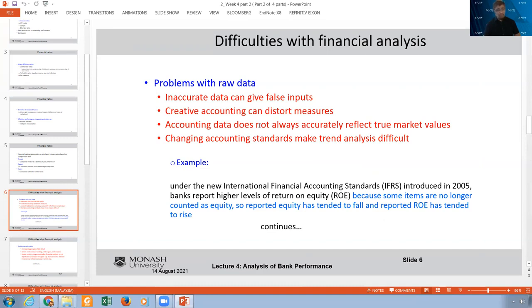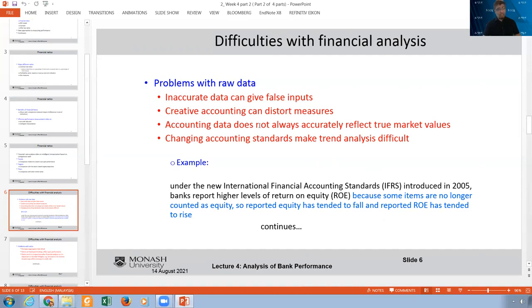So we always have this creative accounting that can distort measures, which means we always have these different and new accounting standards that can give different dictation between one year and the other year. That doesn't mean you are cooking the books. You can cook the books and generate all those types of measures that give you a very cosmetic look in your financial statements.